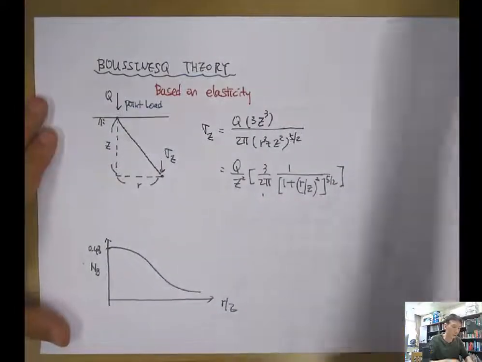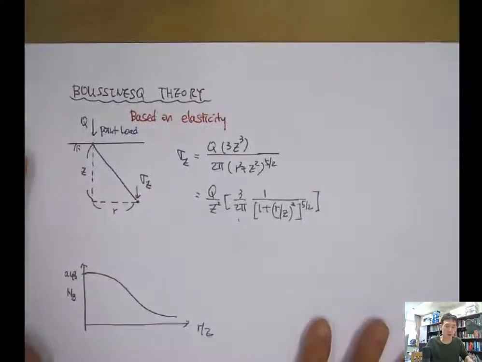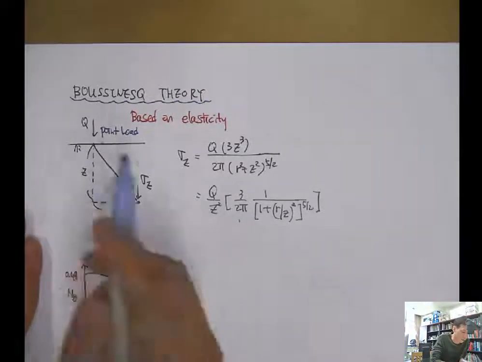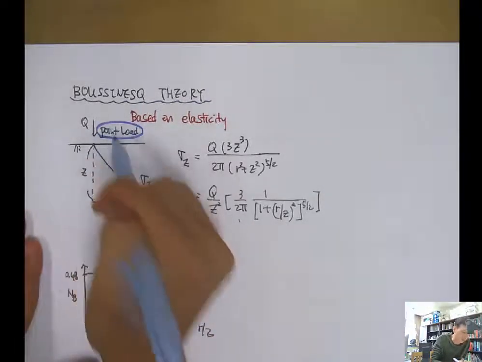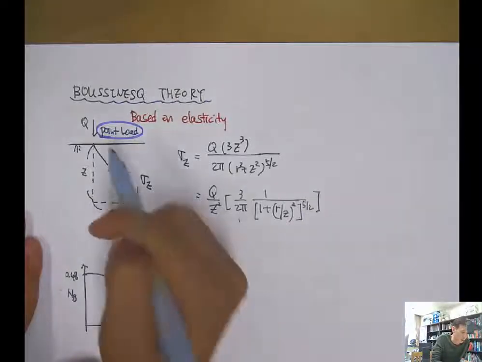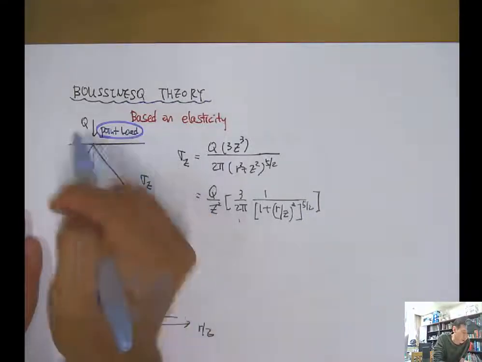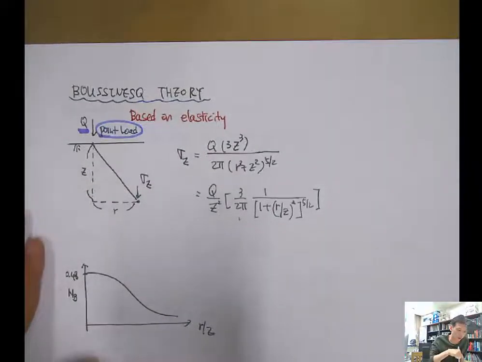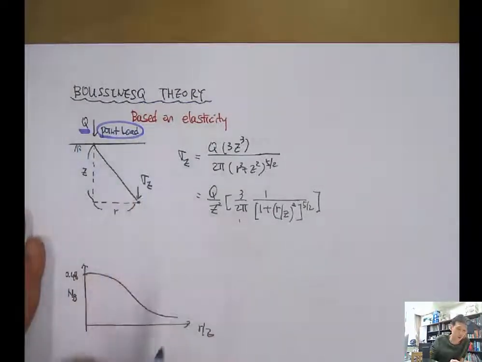Then how do we estimate the stress increase at a certain depth? It starts from the Boussinesq theory, which is derived based on elasticity. The condition is this: you have a point load, with the amount of force applied being Q, applied at a certain point on the ground surface.